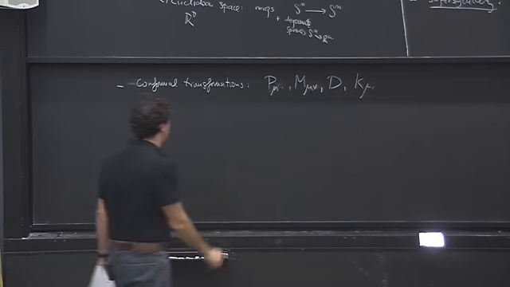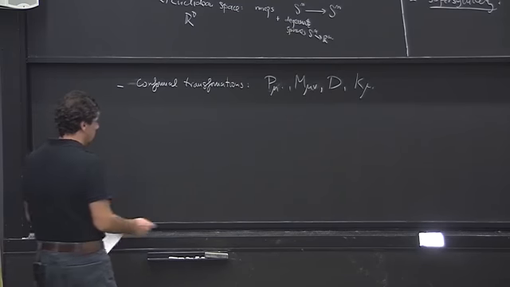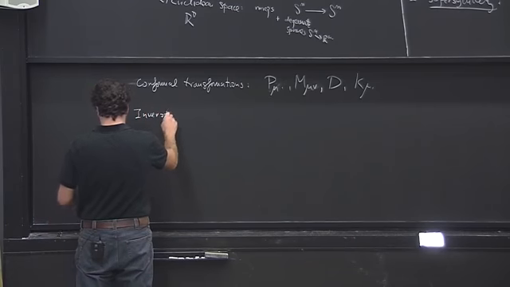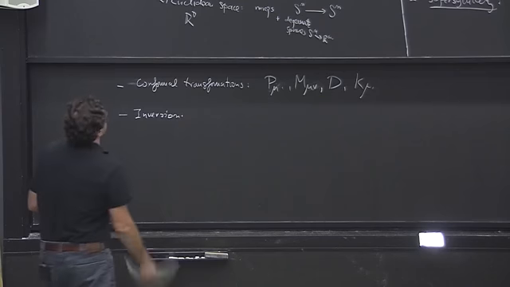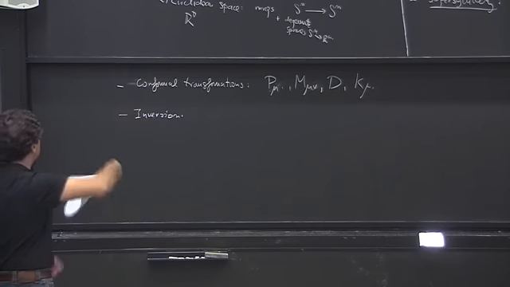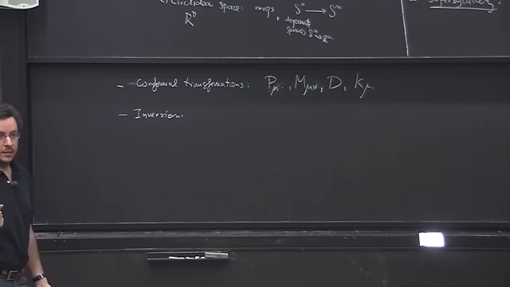So these are the generators of the conformal transformations close to the identity. And then we had the inversion, which I already described at some level. I already mentioned most of its important properties, that it's not connected to the identity. The other thing that's also very important is that it's discrete versus continuous.